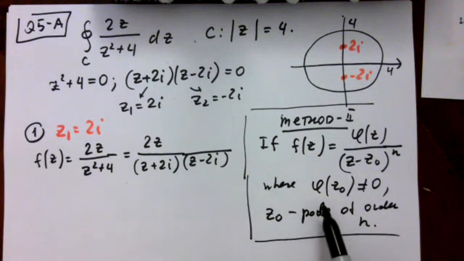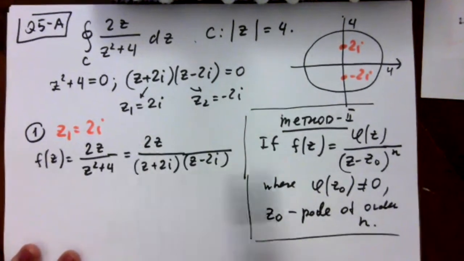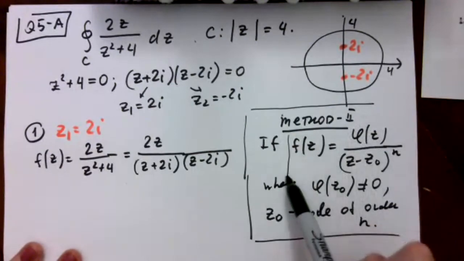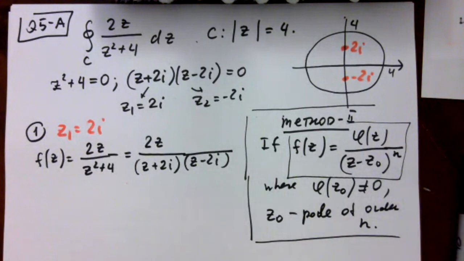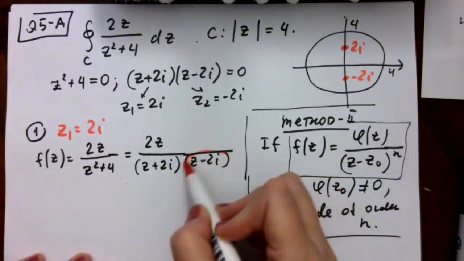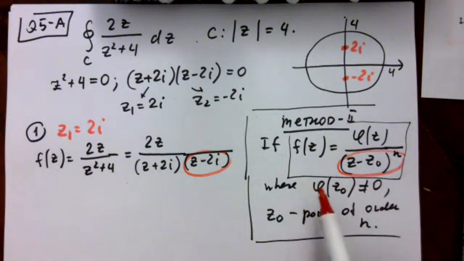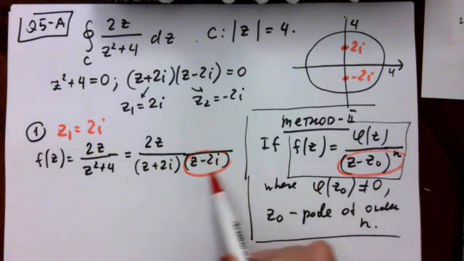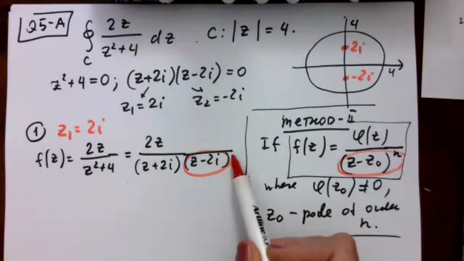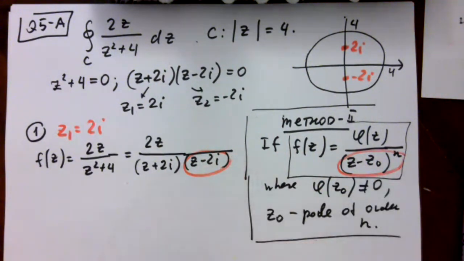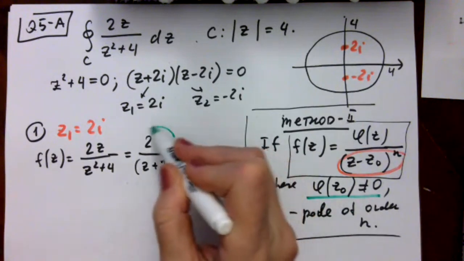Remember this beautiful idea. So the question arises: does our function meet this requirement? Of course, you have some experience now, and you can immediately spot this expression, which corresponds to this one. Now we have a suspicion that as this expression is to the power of 1, maybe this is a pole of order 1, a simple pole.